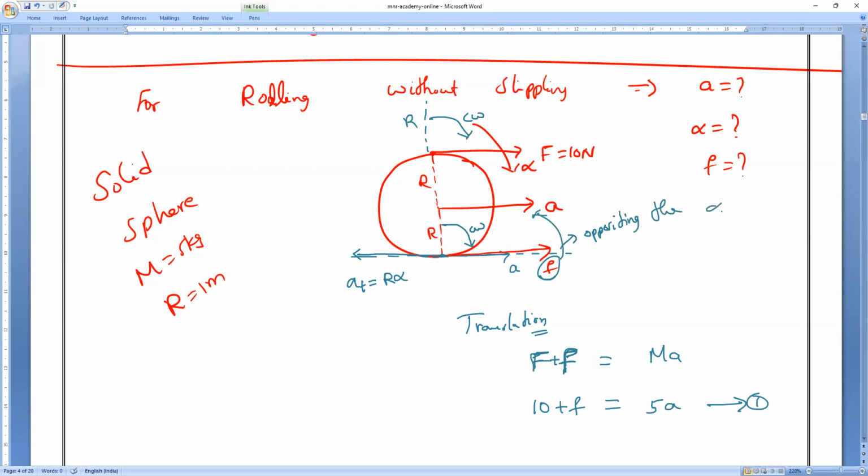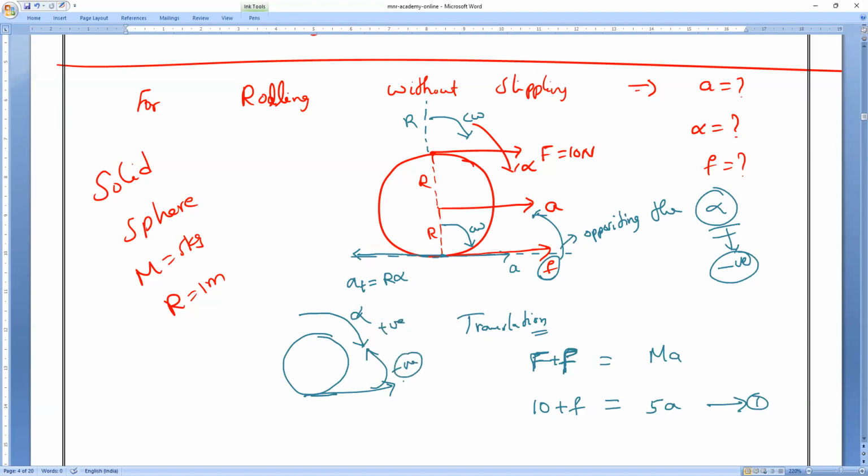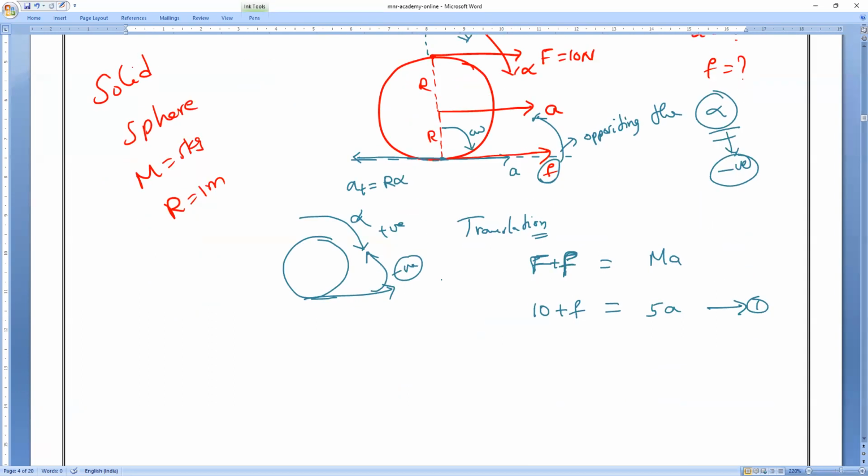That is why it has been taken as negative. Because if you have any object, the angular acceleration tries to rotate the ball in this direction, but the frictional force, dragging in this direction, tries to rotate the ball opposite to alpha. That is why it is taken as negative. Clear, everyone?